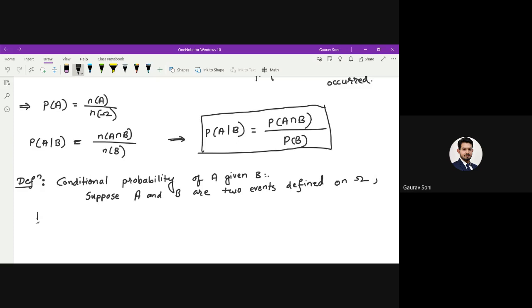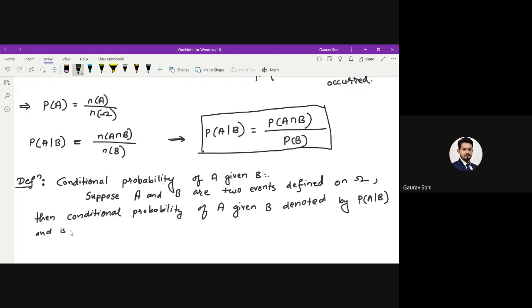Then the conditional probability of A given B, denoted by P of A given B, is defined as probability of A intersection B upon probability of B.